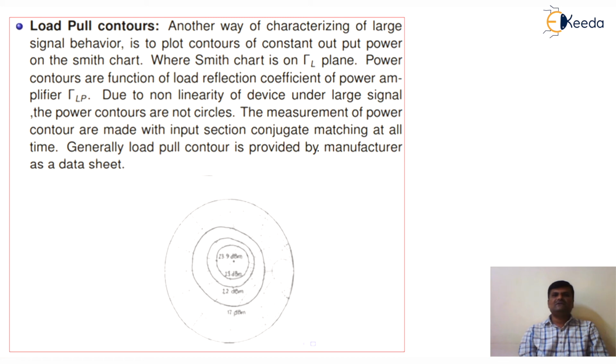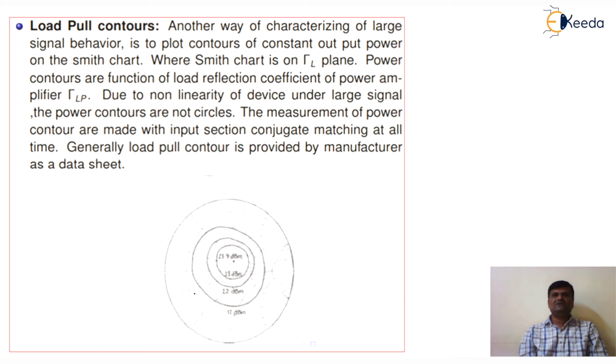Load pull contours are nothing but the output power plotted on the gamma L plane of a Smith chart. These are constant output power contours as a function of the load reflection coefficient. If you see here, these contours are not perfect circles because of non-linearity.